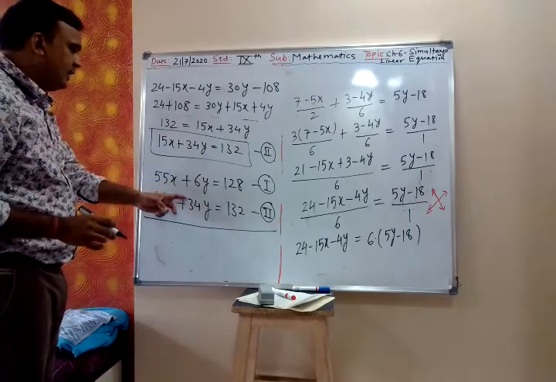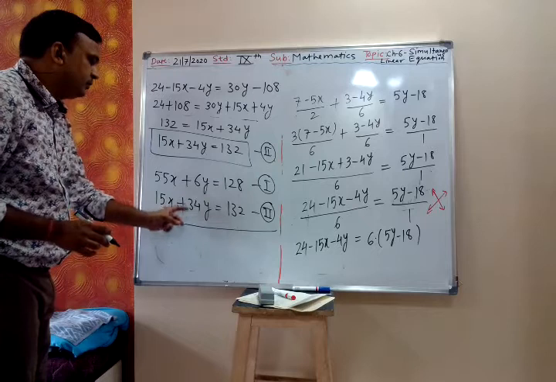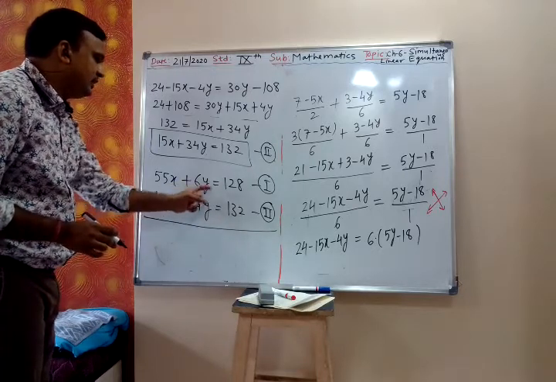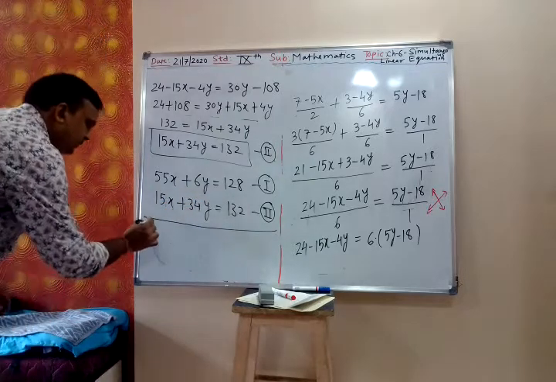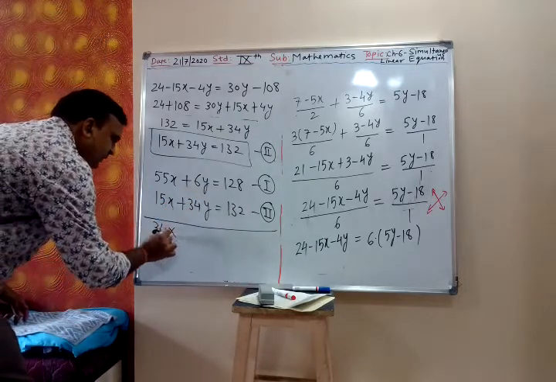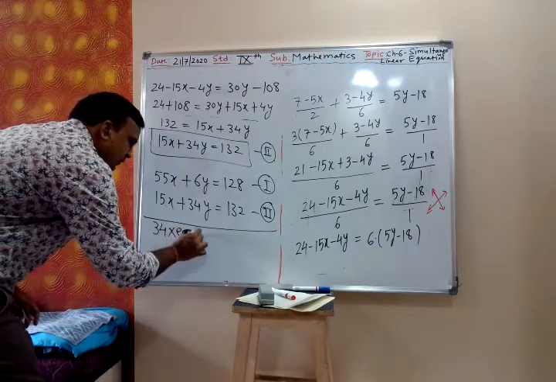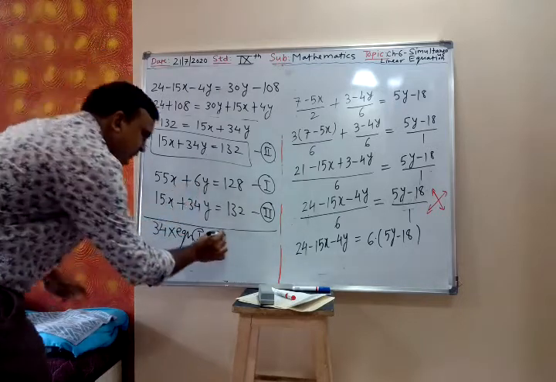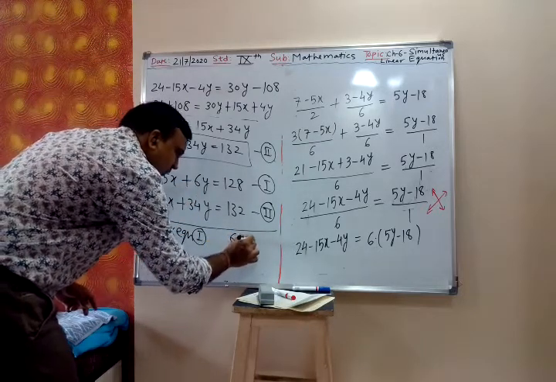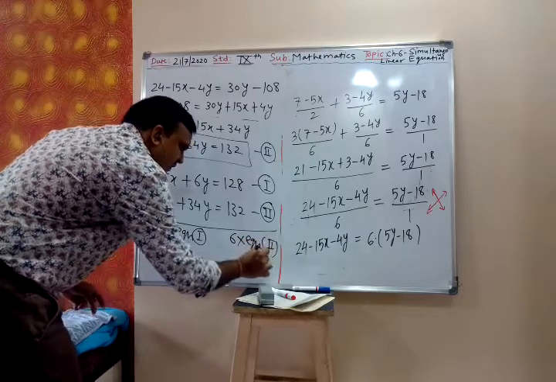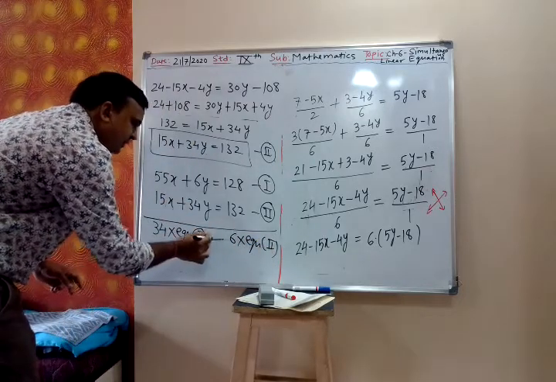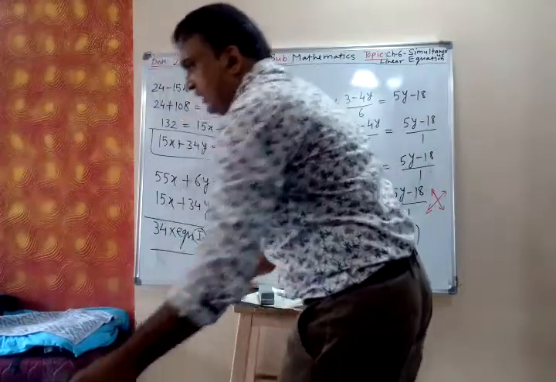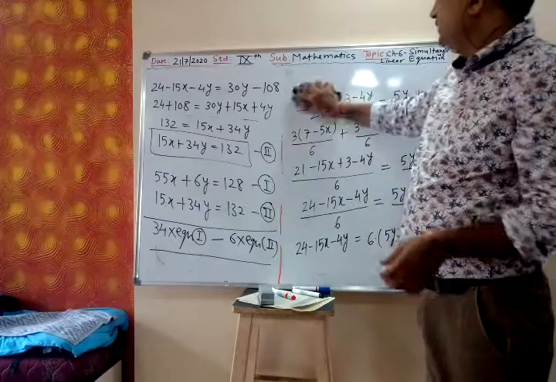So we write 34 into equation 1, then we multiply equation 2 by 6 into equation 2, and since they have the same sign, plus plus, I will write subtract. Minus means change the sign of the second equation.